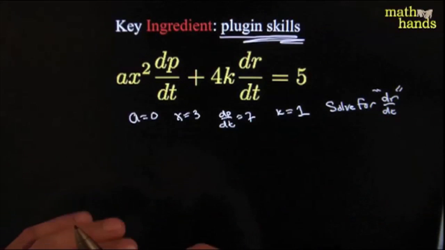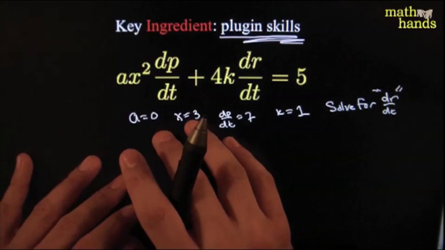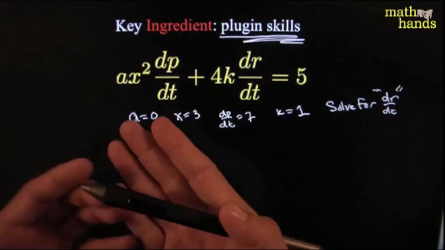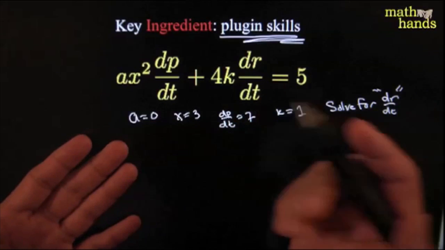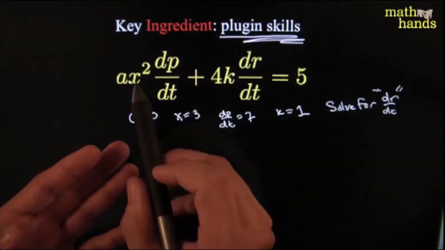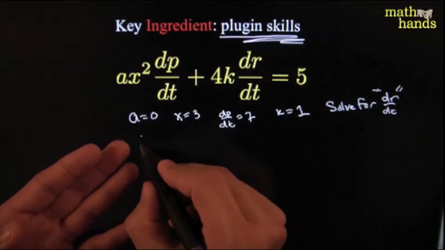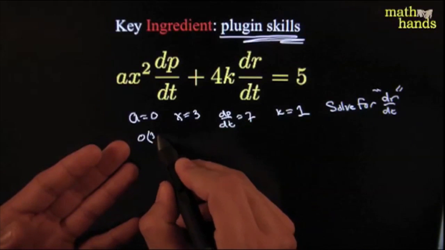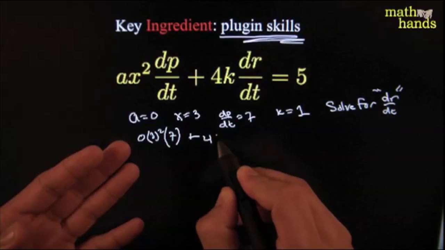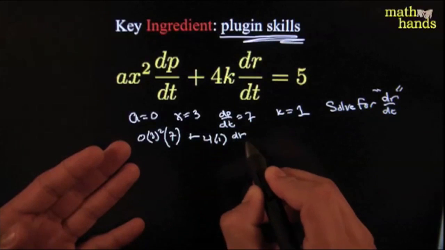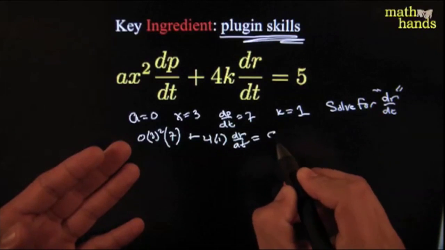By this point you should almost be angry at the insult to your intelligence. This is really, really easy. You plug things in there. A is equal to 0, so you've got 0 times 3 squared times 7 plus 4 times 1 times dr/dt is equal to 5.